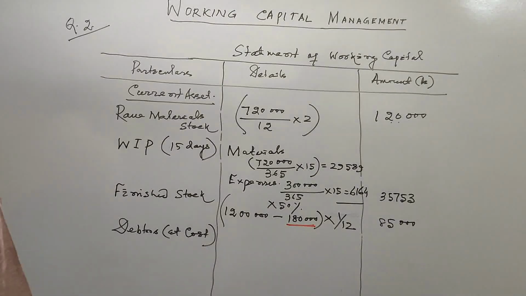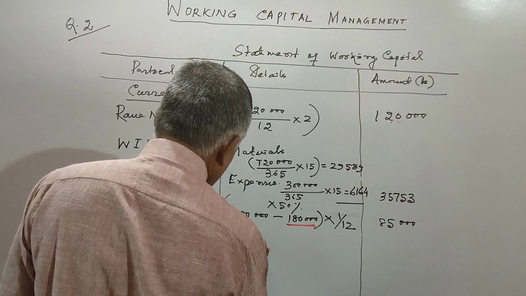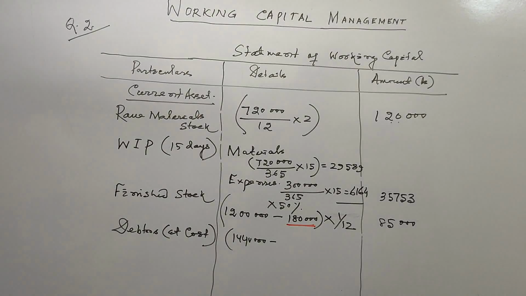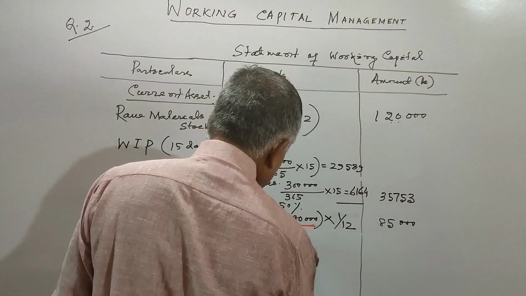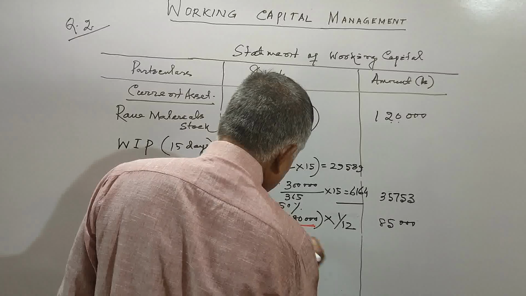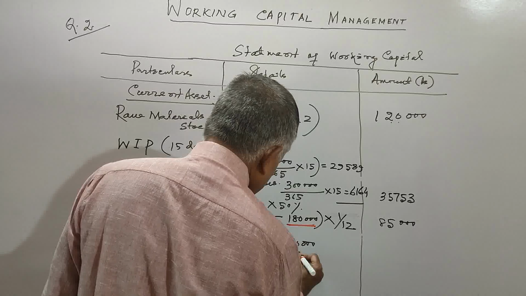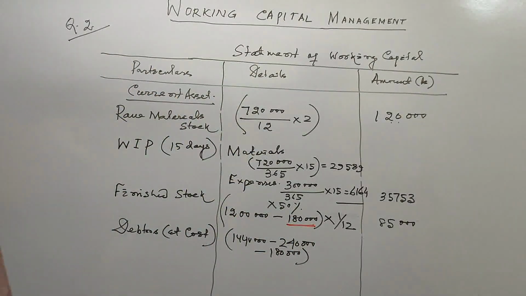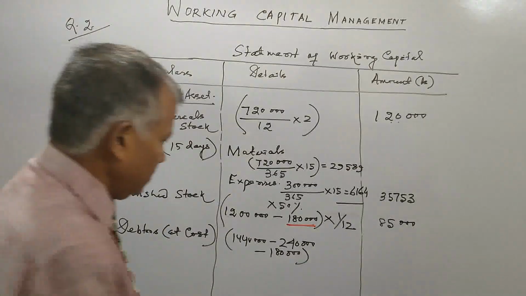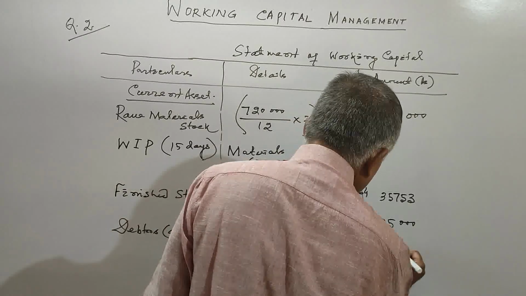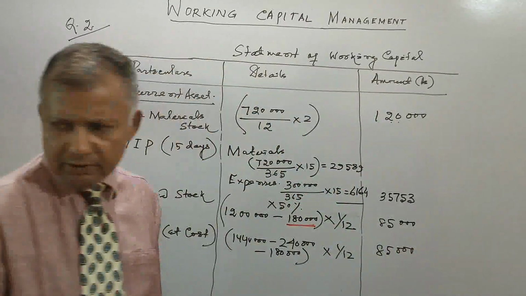So here the sales is 2,40,000, and profit has to be deducted. Again it comes to 12 lakh cost of production minus depreciation, that is 1,80,000, and debtor is also 1 month, multiplied by 1 by 12, it again comes to 85,000.